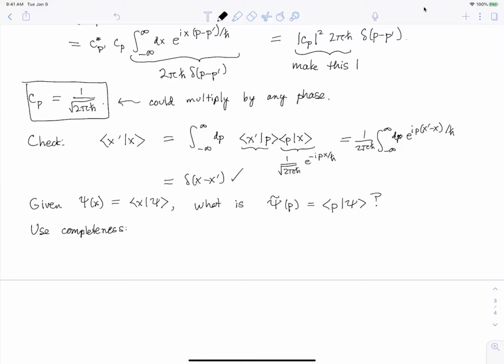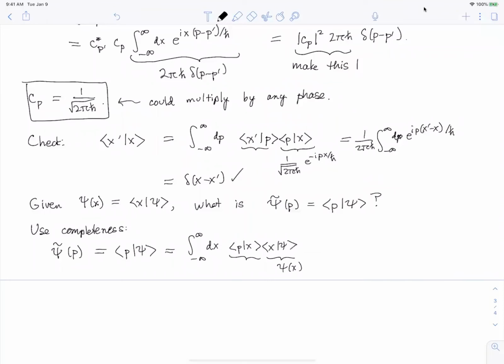Okay, and so psi tilde of p, by definition, is <p|psi>. We're going to do an integral over x of <p|x><x|psi>. Okay, this is psi of x by definition.